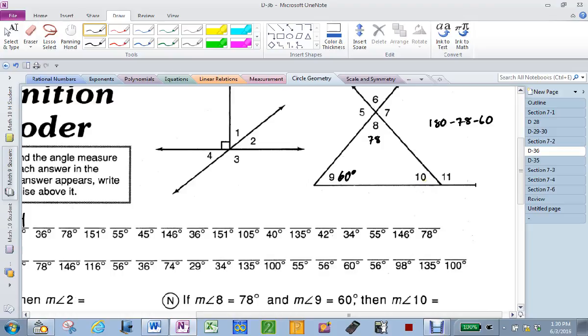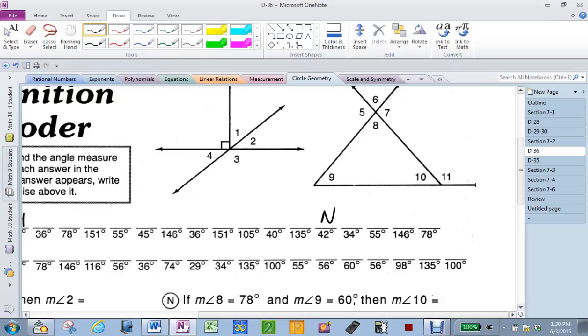And that is 102 minus 60 is 42 degrees. So then 42 would get an N. Got it? And then we would erase it because that 8 being 78 and 9 being 60 only works for that question. Everybody cool?